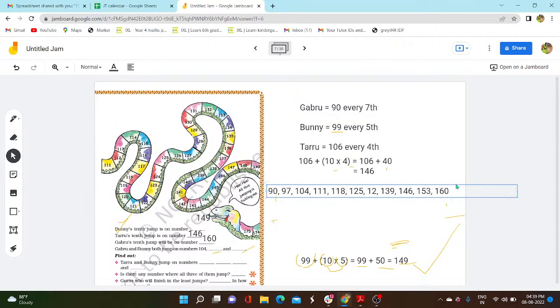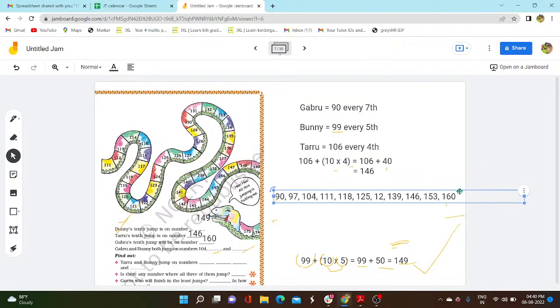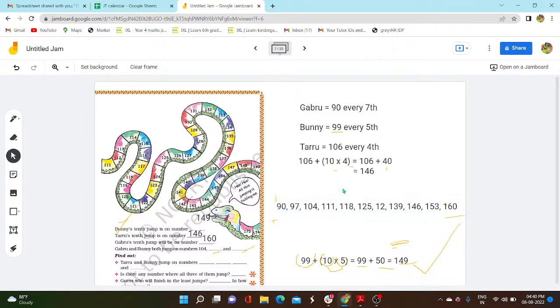So these are the count for Gabru. Now let's begin with Bunny.